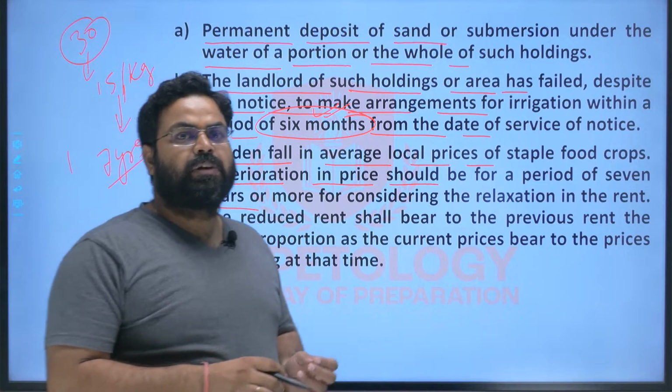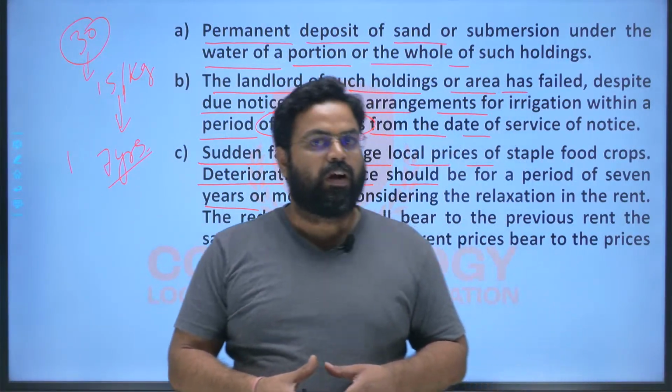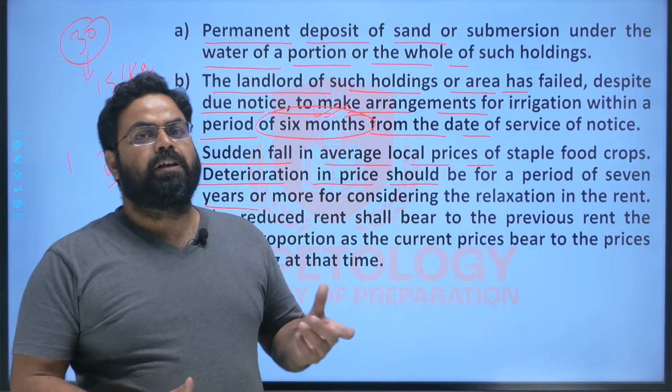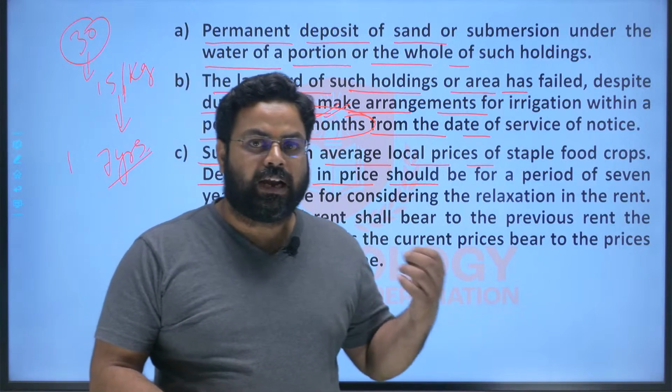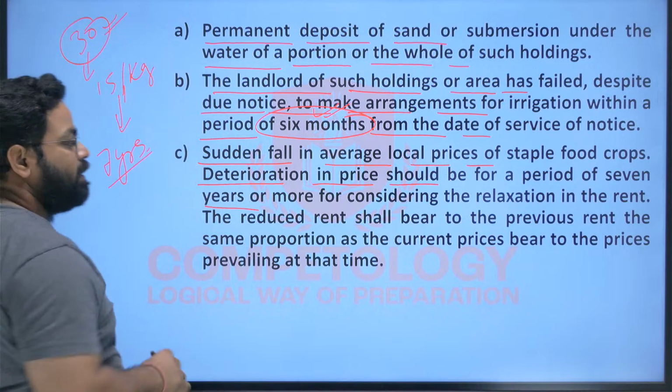Then in such cases the overall annual income of the rayats will reduce, and they will be unable to pay the land revenue that was applicable when the price was at 30 rupees.